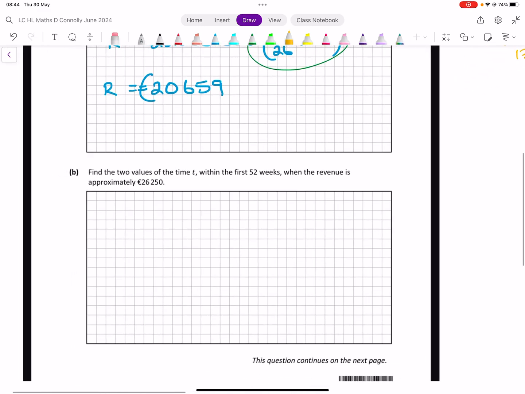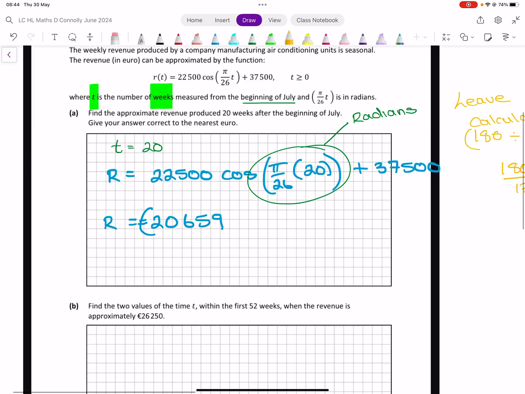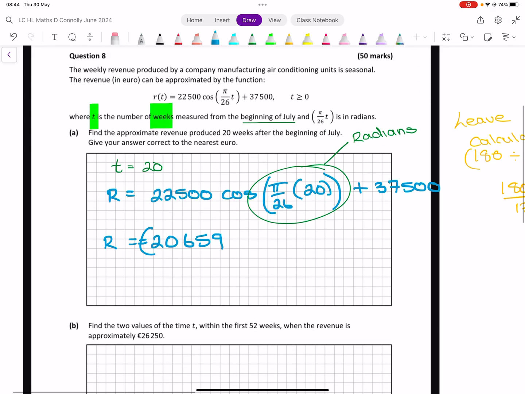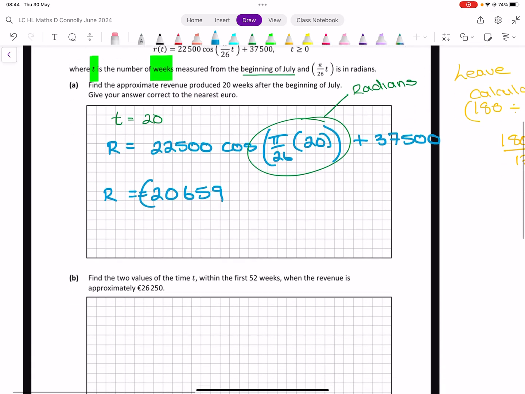Now, find two values of the time within the first 52 weeks when the revenue is approximately 26,250. So they're giving us revenue here and we're looking for time. Because it's cosine, I think this is going to be a trigonometric equation.